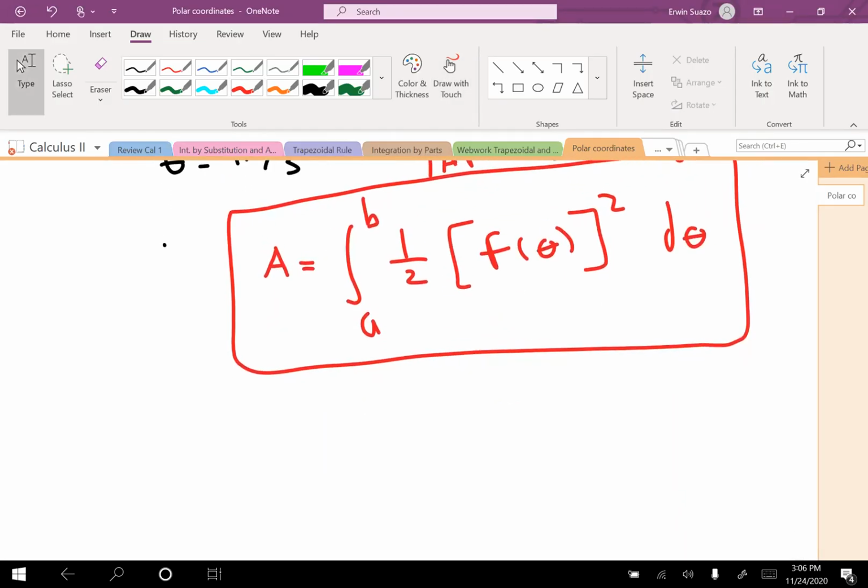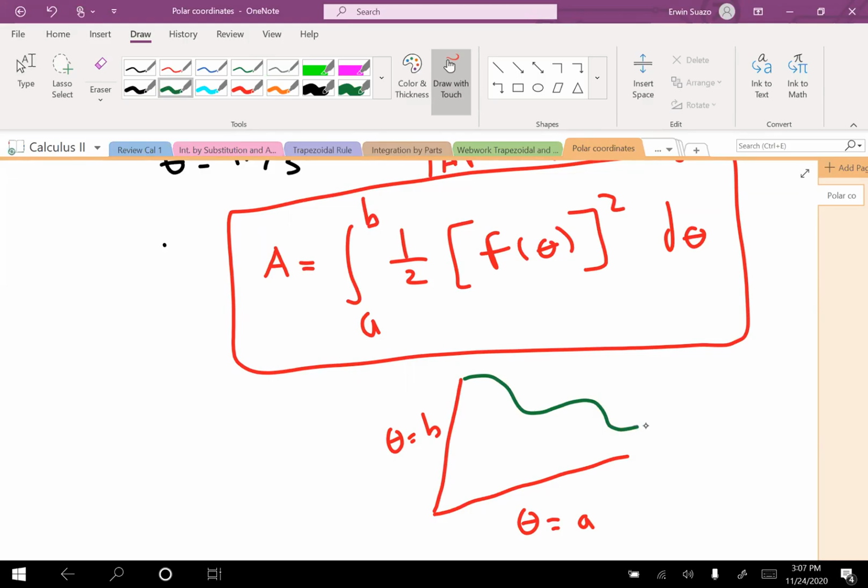Okay. So let's see what this means. So this is angle theta equals A. This is theta equals B. And this is my radius. No, my radius formula, right? This is R equals F of theta.